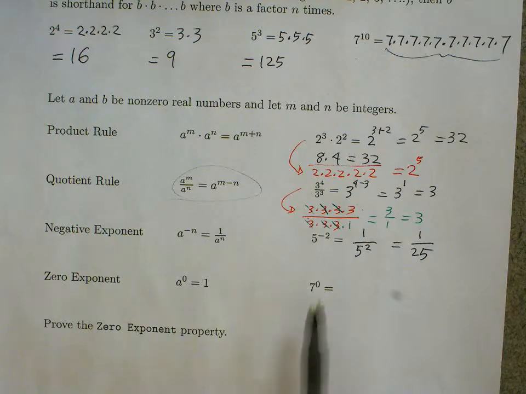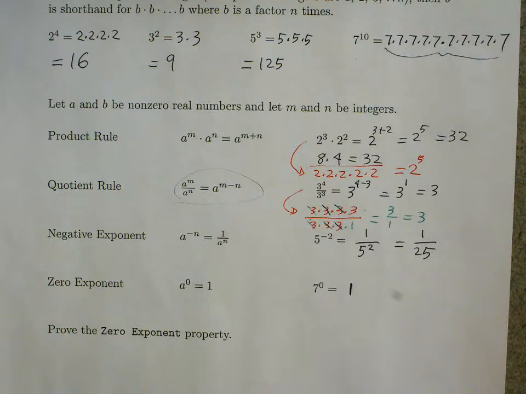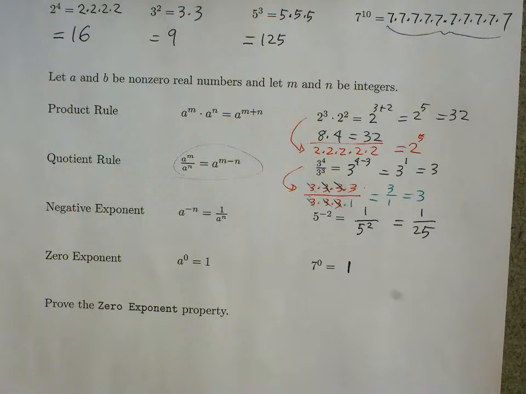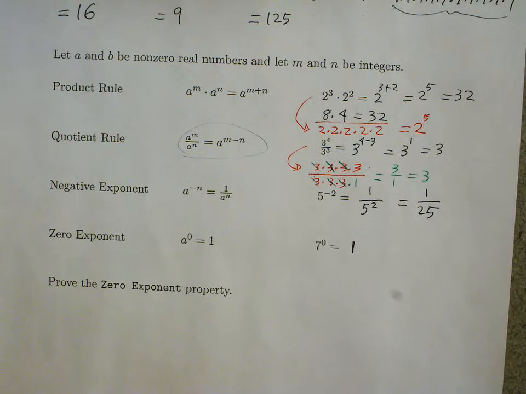And so in this example, 7 raised to the power 0 equals 1. So let's prove the 0 exponent property. And we'll use other properties in the process.